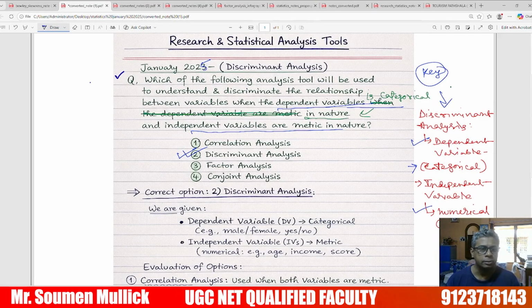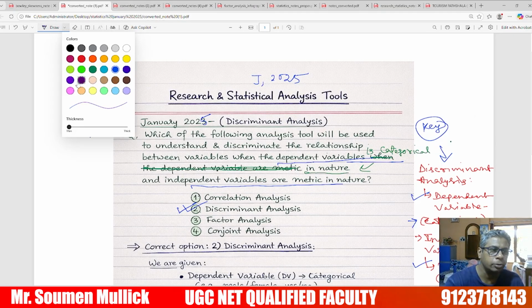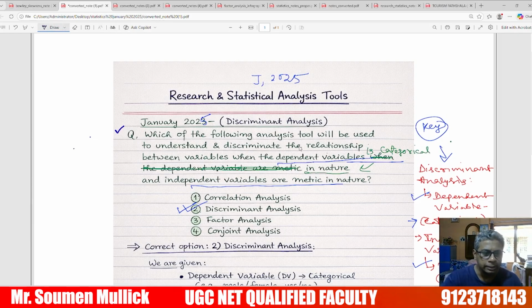Under the section of research and statistics analytical tool, they have provided the question: which of the following analysis tools will be used to understand and discriminate the relationship between variables when the dependent variable is categorical in nature, and independent variables are metric in nature?